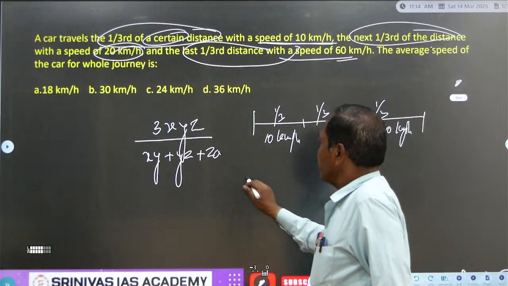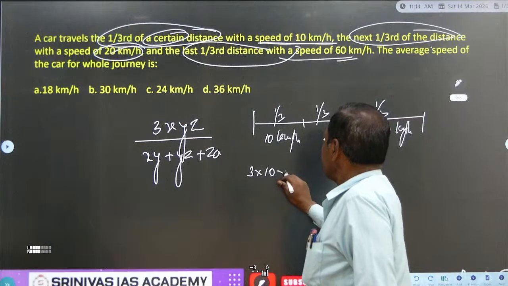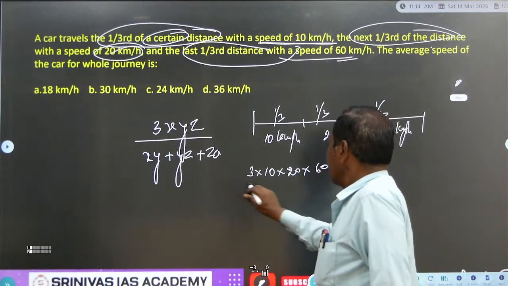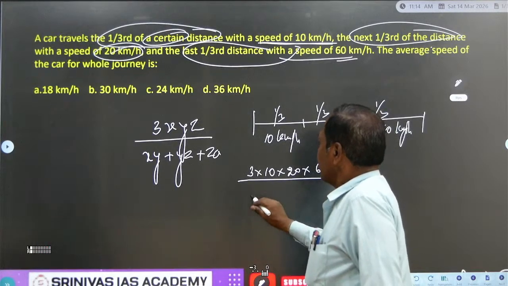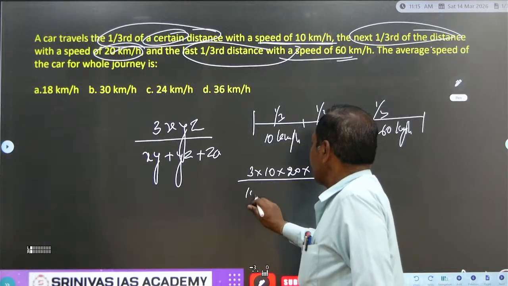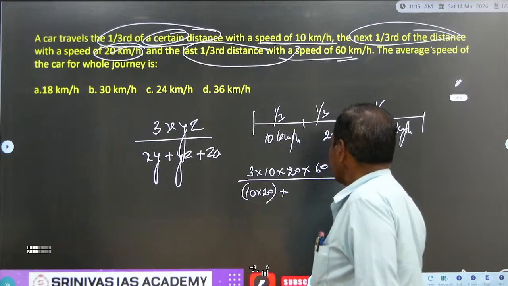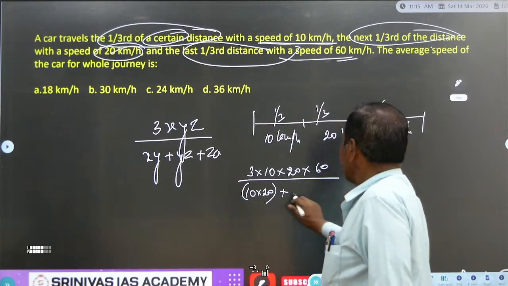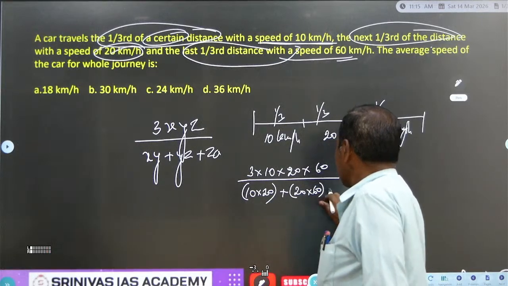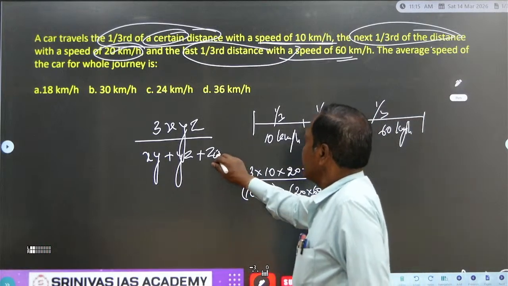Now we can apply the formula: 3 into xyz, 10 into 20 into 60, by xy plus yz plus zx. Xy means what? 10 into 20, plus yz, 20 into 60, plus zx.